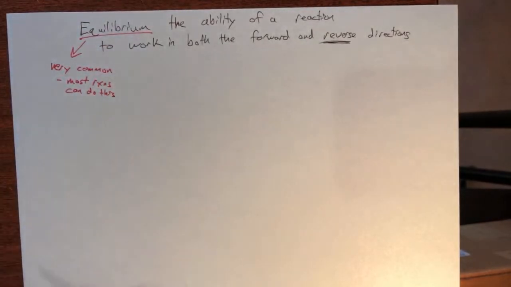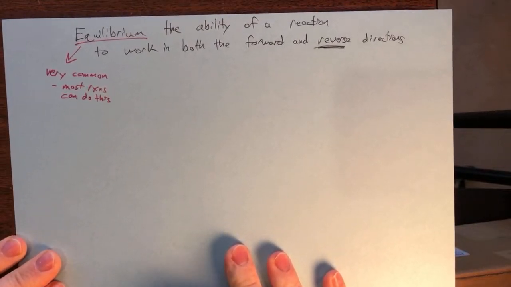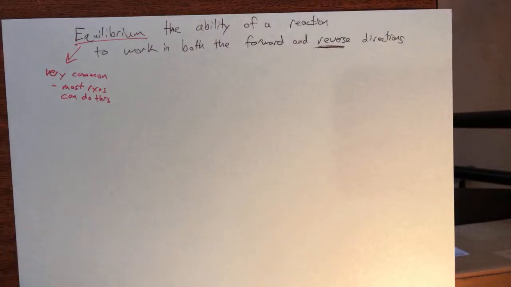There would be only special cases where they wouldn't be able to, cases where, for whatever reason, the reaction just doesn't have the ability to go in the reverse direction. But most reactions can go both forward and reverse. Most of the reactions that we look at, the forward reaction is just much more favorable than the reverse direction. And so yes, you can achieve both the forward and reverse reactions for most reactions.